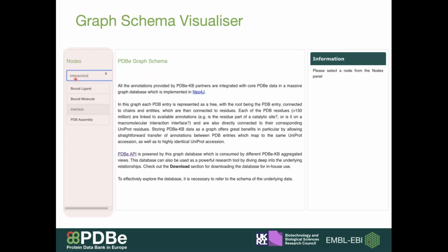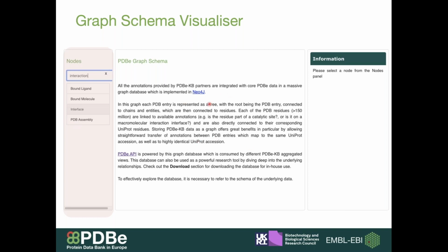If the user is interested in interactions, then enter interaction in the text field, and it should fetch the nodes that are related to that keyword. Then if you find a result of interest, you can click on it to see the visualizer, like in the middle section.